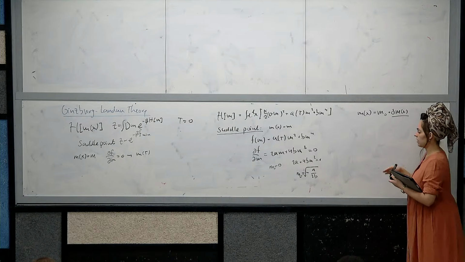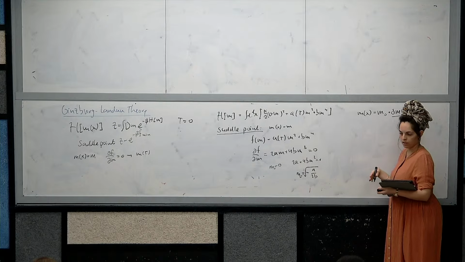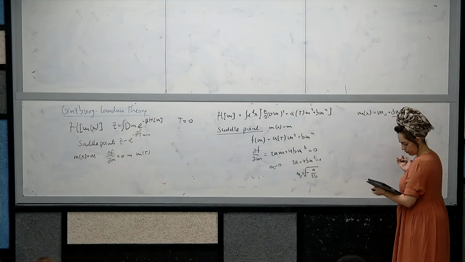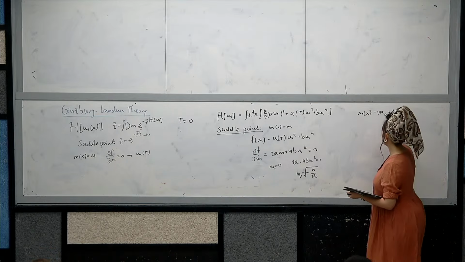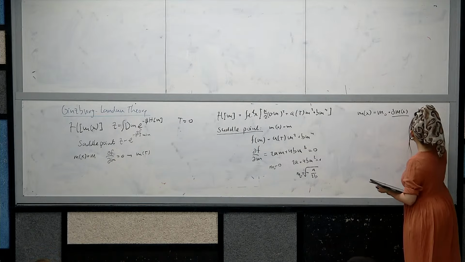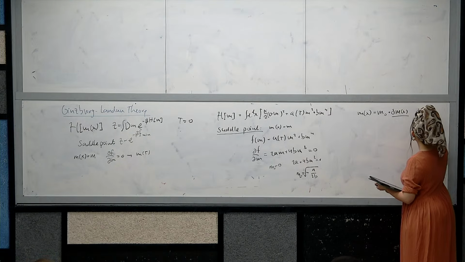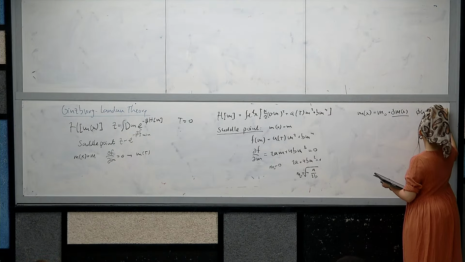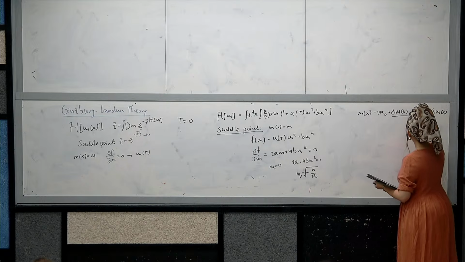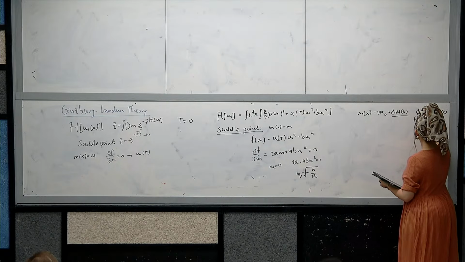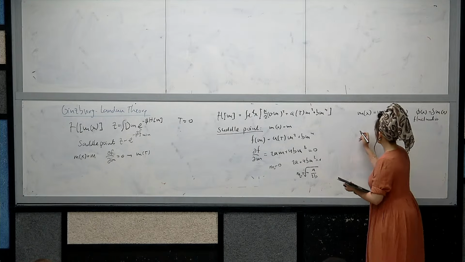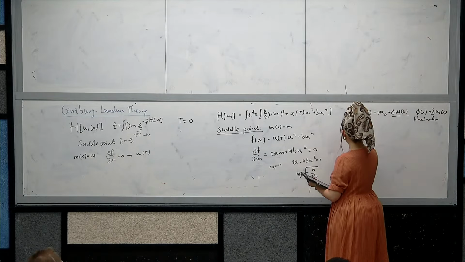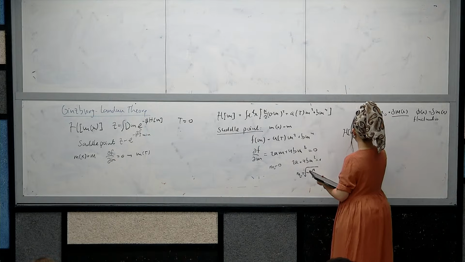So it's basically like expanding around the saddle point. Okay, so I'll call it phi of x, I find it easier to use, so I plug it into the Hamiltonian.